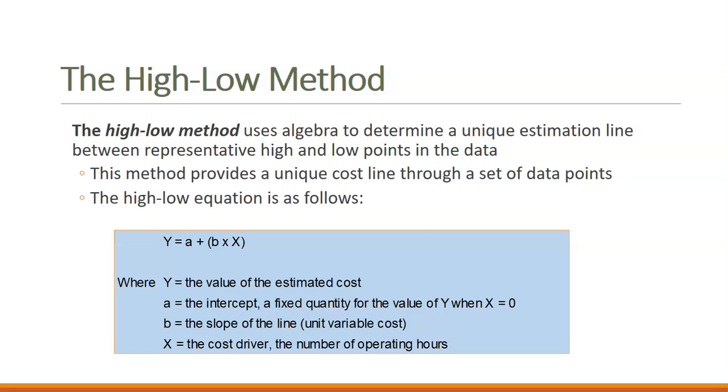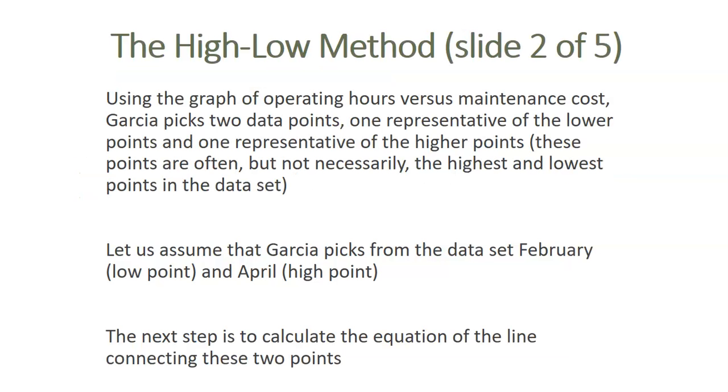B is the slope of the line, which is the unit variable cost, and x is our cost driver, in this case the number of operating hours. So using the graph of operating hours, we pick 2 data points, usually the highest and the lowest point in the data set. So we're going to look at February, the low point, and April, the high point.